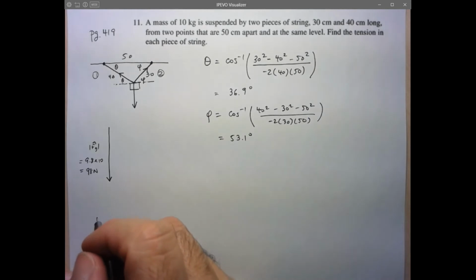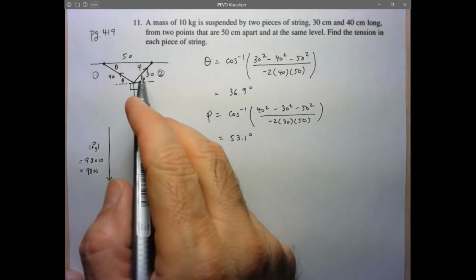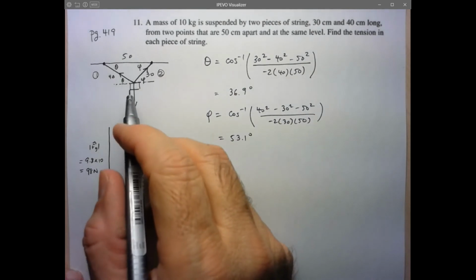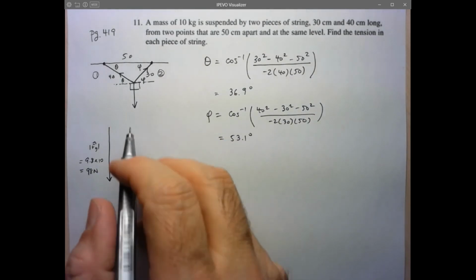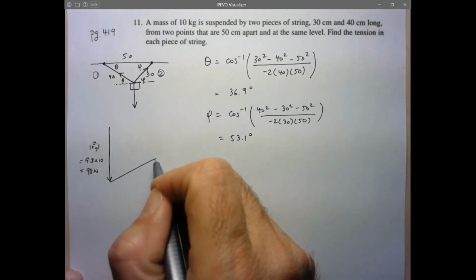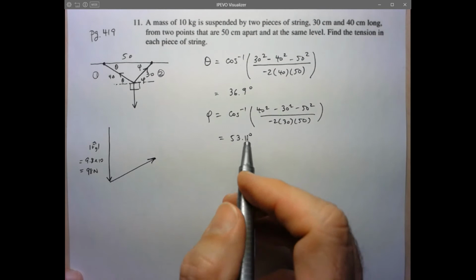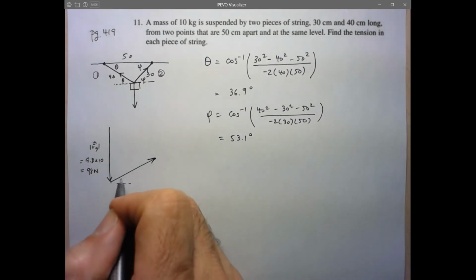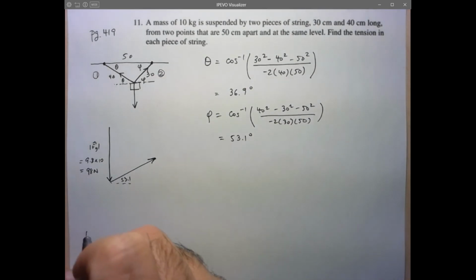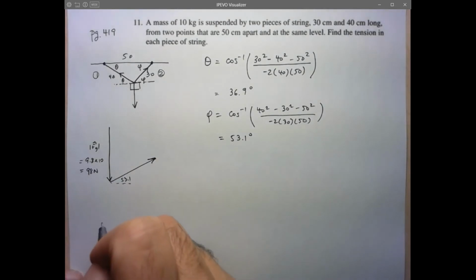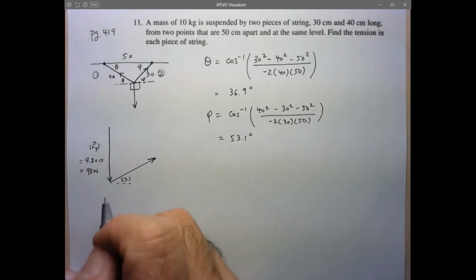Okay, and what I can draw now is, let's draw this force 2 first. Just easier, I've got more room on the right. So here, when I draw this vector, remember, phi is equal to 53.1. So if this is equal to 53.1, I'll be able to calculate that angle inside the triangle.